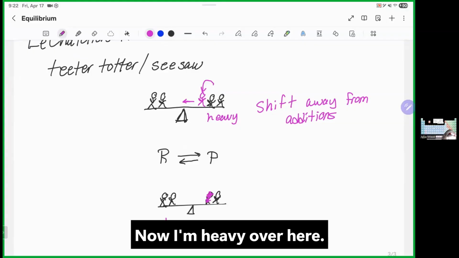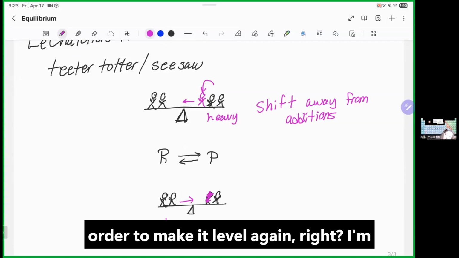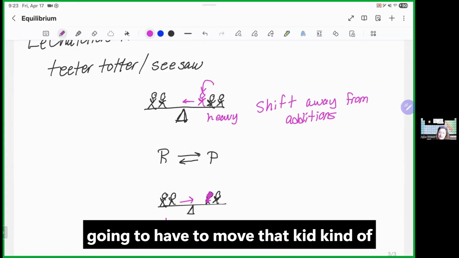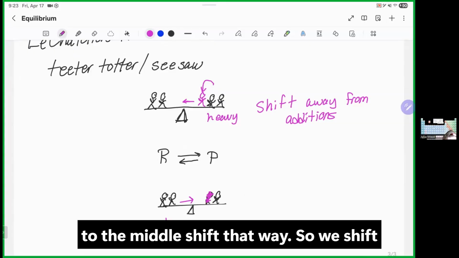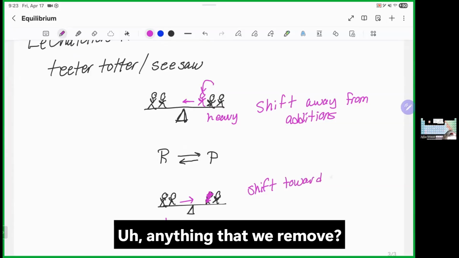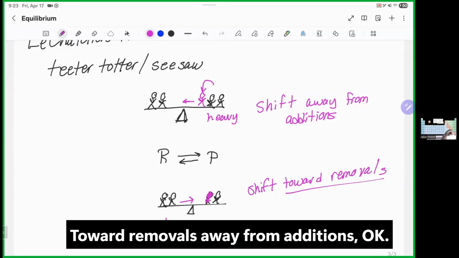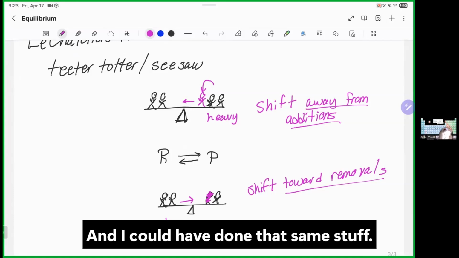Now I'm heavy over here, and I have to shift that direction in order to make it level again. I'm going to have to move that kid kind of to the middle, shift that way. So we shift toward anything that we remove. Toward removals, away from additions.